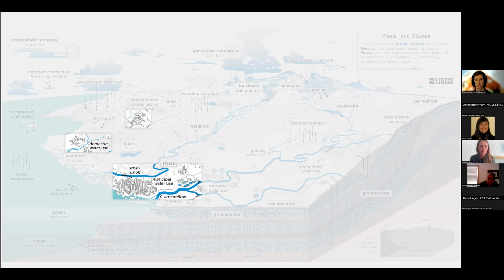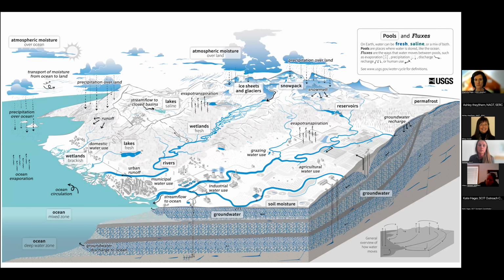And then going one step further, we want to not only show types of human water use, but how human water use affects the water cycle. I'll show a few examples of that here.